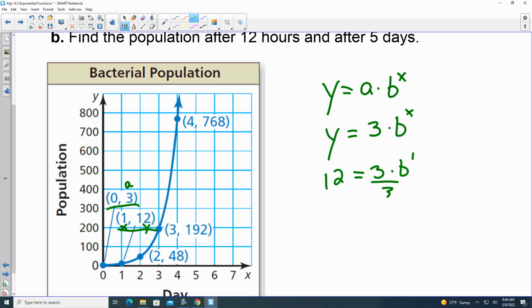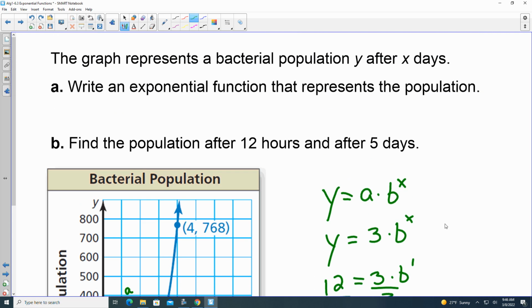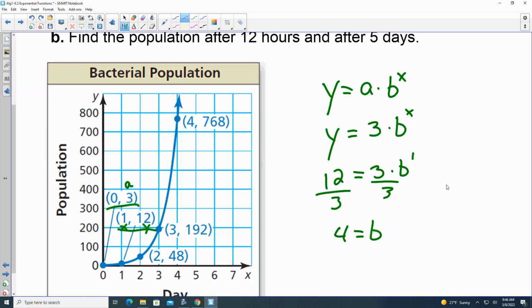Well, I can divide 3 to both sides. So now 4 is equal to b. So my equation for this particular exponential function is going to become y is equal to 3 times 4, excuse me, raised to the x power. Because I found a right here. I found b from here.